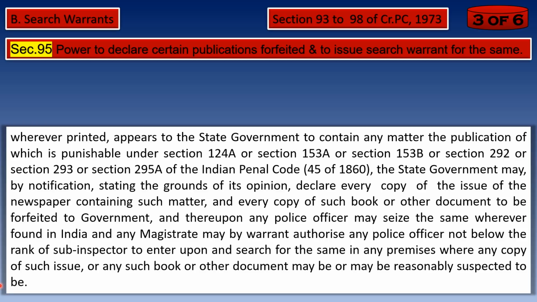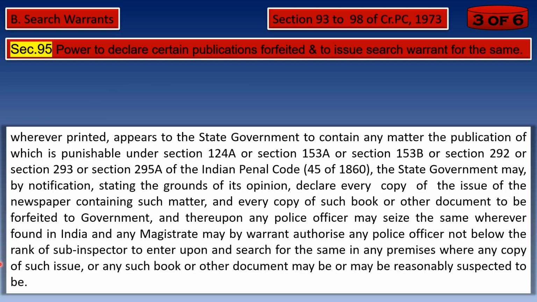Section 95 basically gives the power to the state government to declare certain publications forfeited and to issue such warrants for the same. Forfeited over here means to give up on account of an offense or surrender as a penalty.